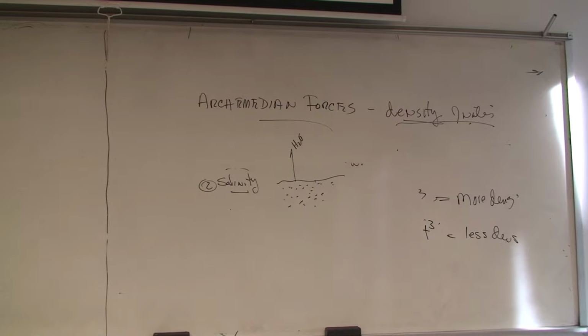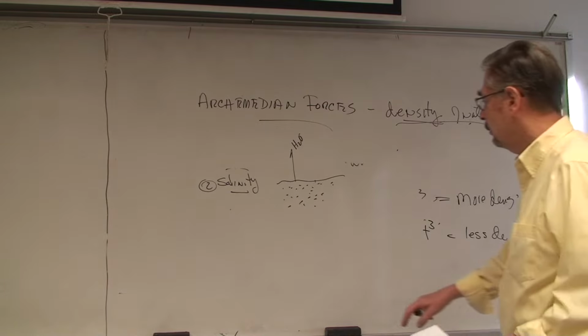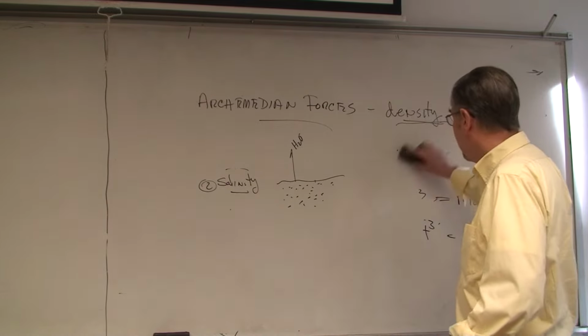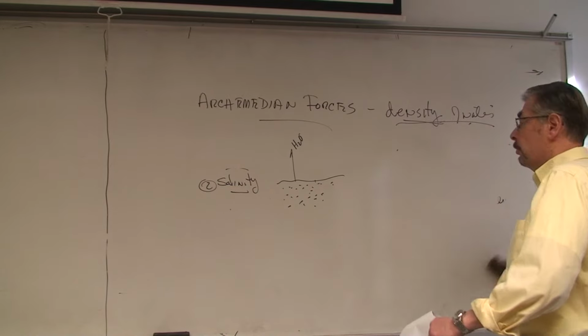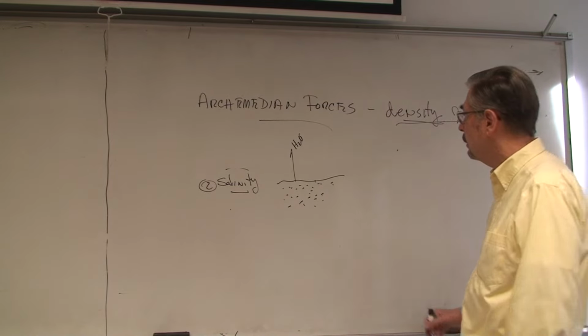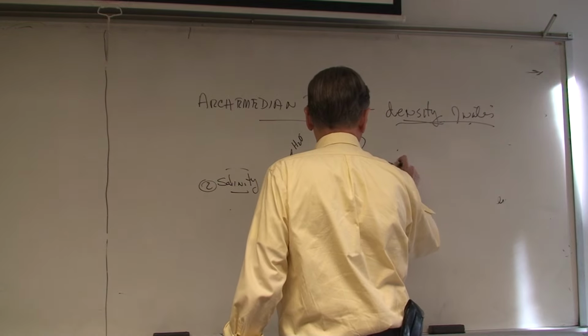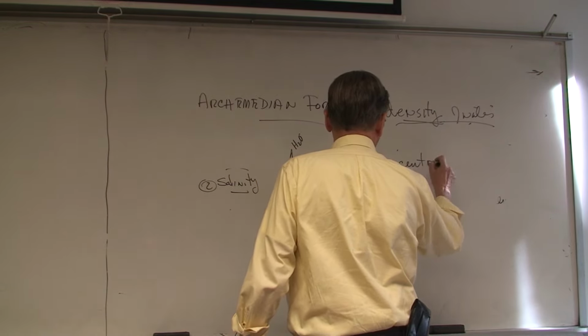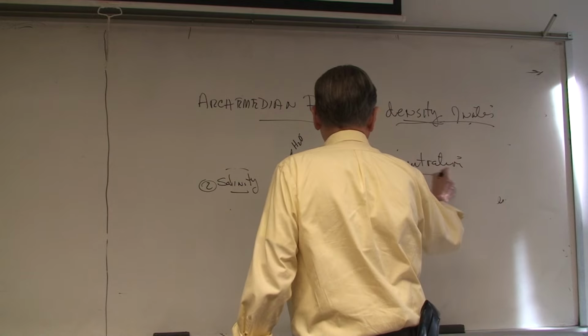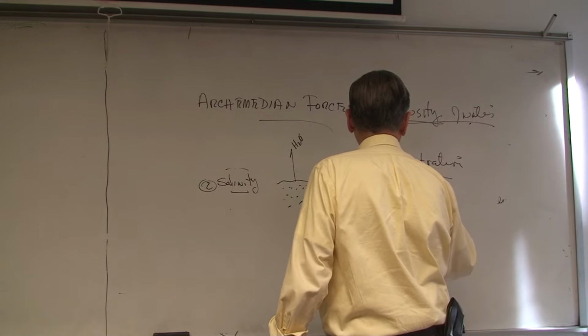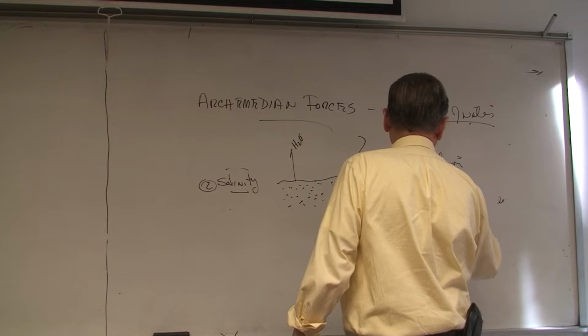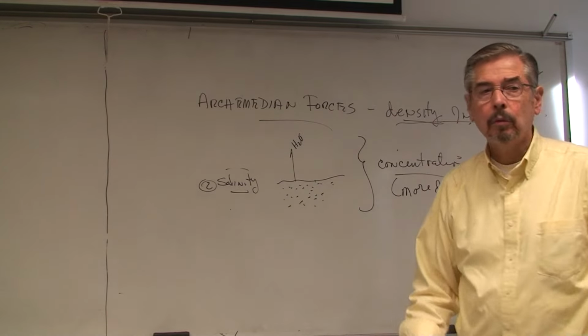So basically, this scenario is concentrating the amount of salt. And the more salt you have in the water, the more dense it is. So, the water is becoming more dense because the salt is becoming more concentrated.